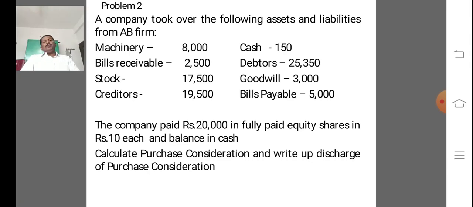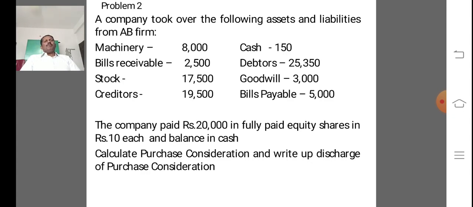So the company discharges the PC, that is rupees 20,000 in fully paid equity shares of rupees 10 each and the balance in cash. First we add all assets taken over at agreed value and then we deduct all liabilities taken over, then we get PC.